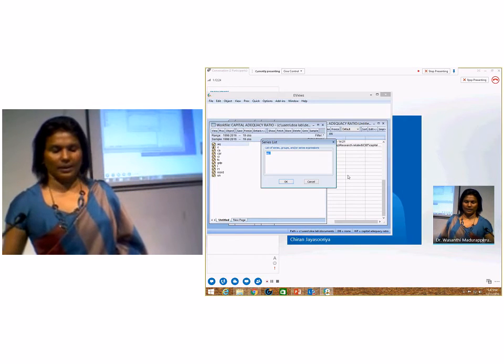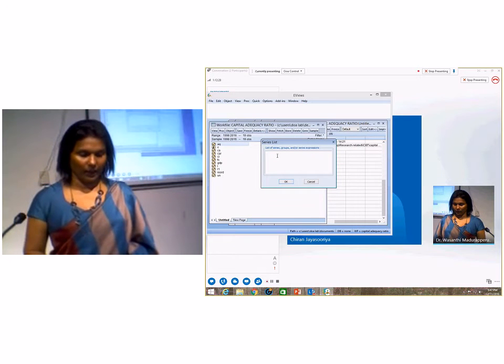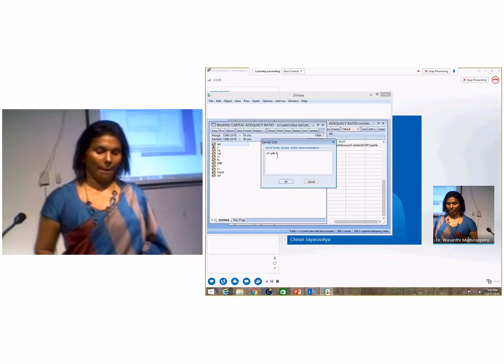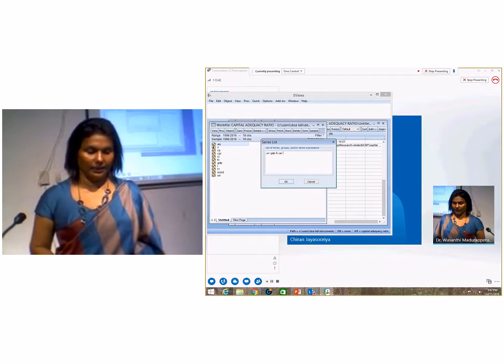Go to the graph, one by one. Okay, so then unemployment, interest rate, GDP, CR, CA.